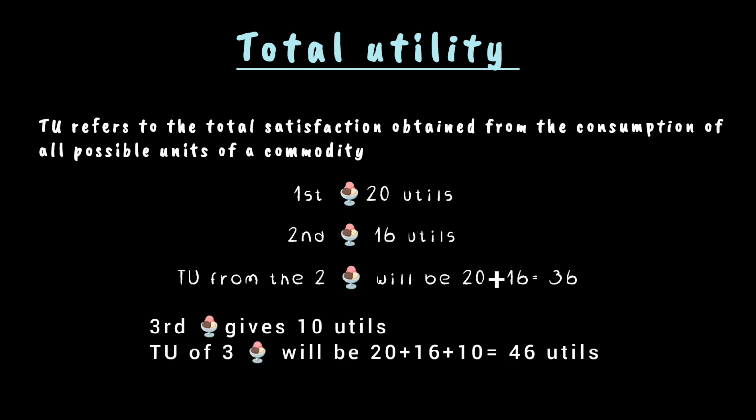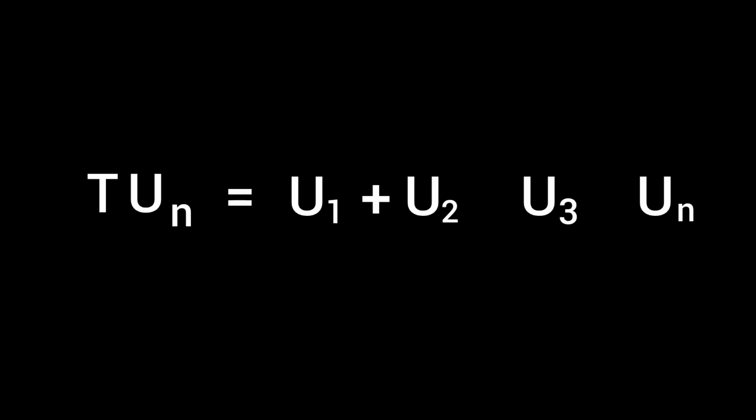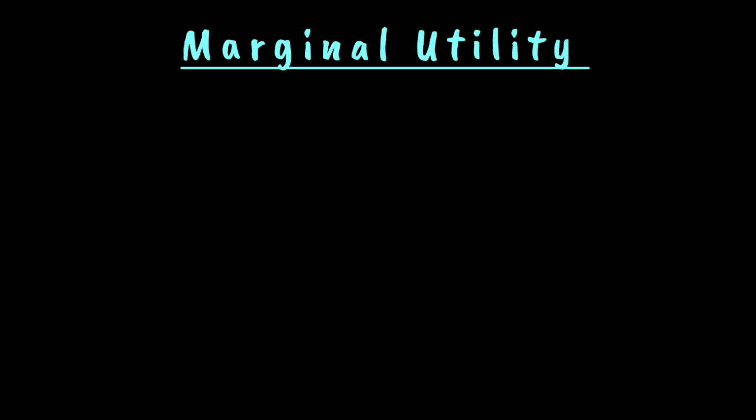If the third ice cream generates satisfaction of 10 utils, then the total utility from three ice creams will be 20 plus 16 plus 10, that is 46 utils. So now you can calculate total utility easily: TUn is equal to utility 1 plus utility 2 plus utility 3 and so on.